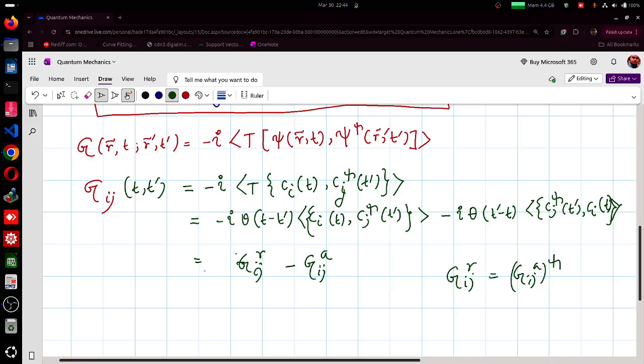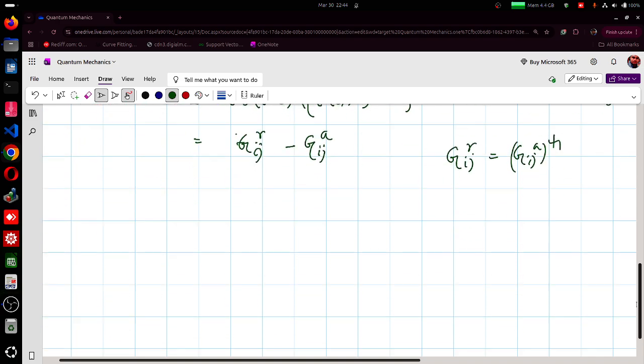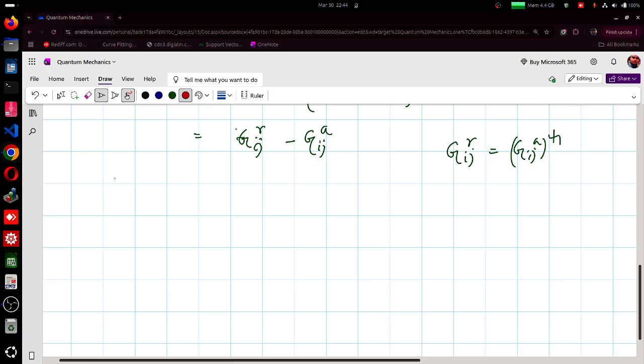Next, let us write the retarded Green's function. G_ij retarded means minus iota theta(t minus t') expectation of the anti-commutator of c_i(t) and c_j†(t').